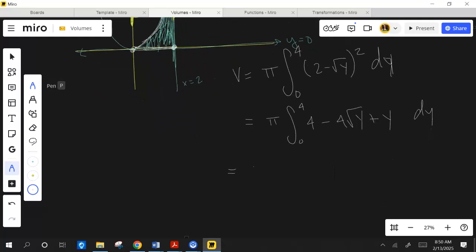I still take the antiderivative: 4y minus, this is a half, add 1 to it, I get 3 over 2, and flip, 2 over 3.